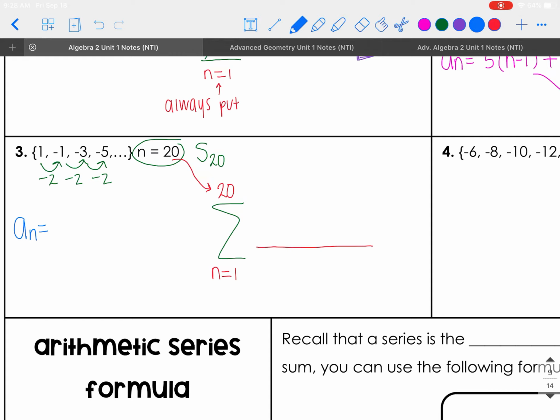So a sub n equals, we start with our common difference, -2, n minus 1 is in parentheses, and then plus our first term, so plus 1. And now I have something that I can type in my calculator.